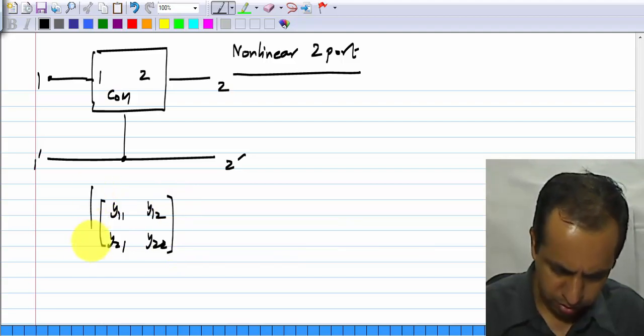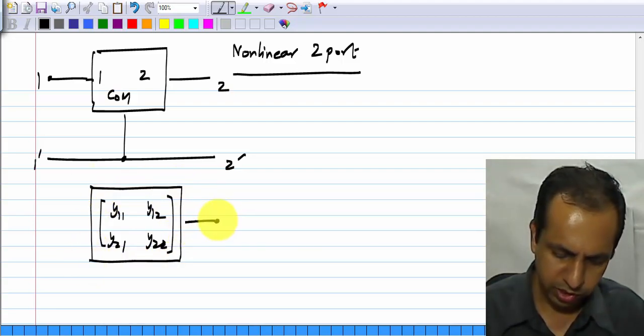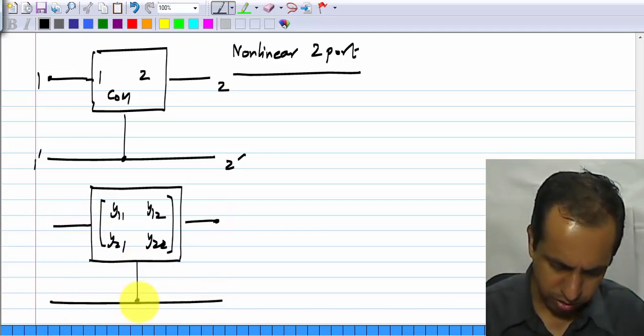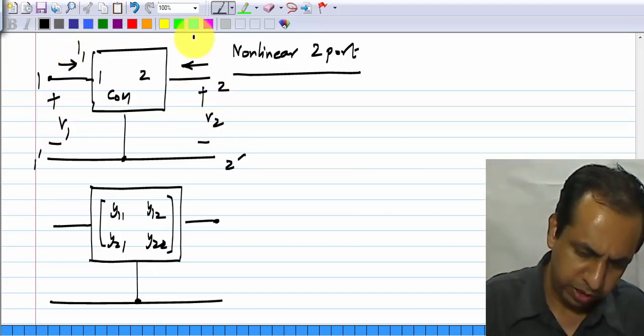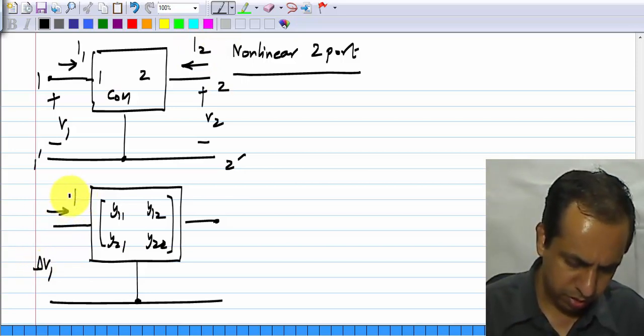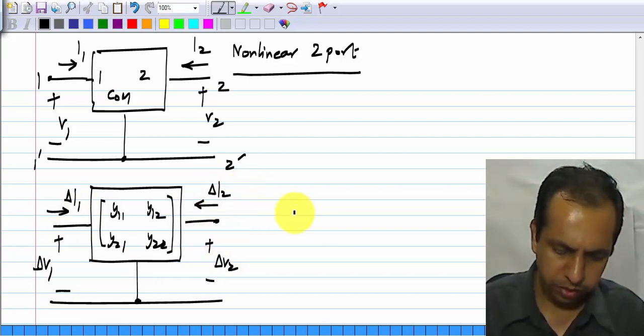Sometimes you are just given the matrix inside the box, you know exactly what it means. If this is V1, I1, V2, I2, this will be delta V1, delta I1, delta V2 and delta I2.